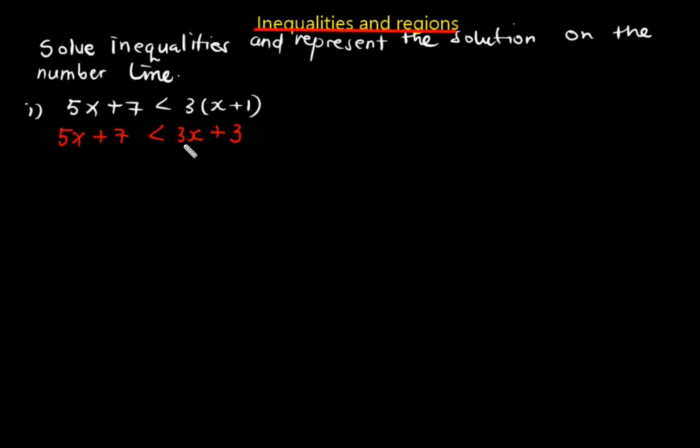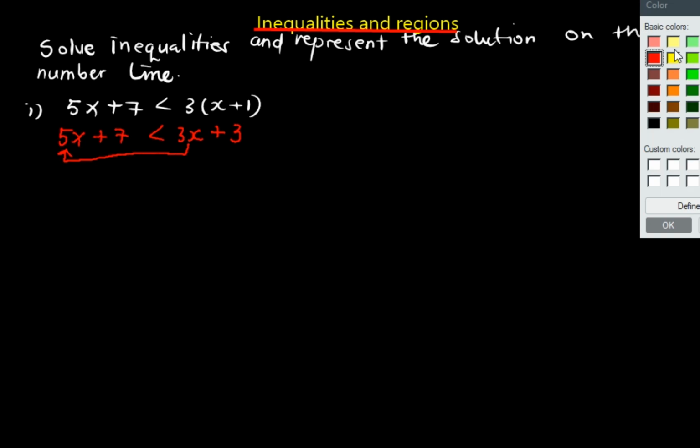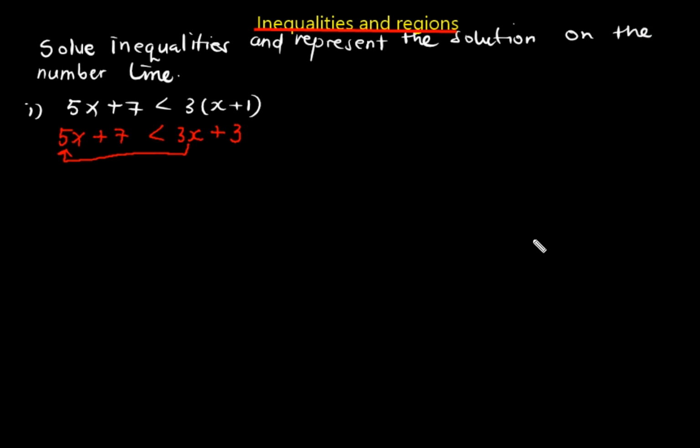I'm going to collect variables on the left hand side and the constants on the right hand side. This is what I mean. 3 is going to be taken to the left and 7 is going to be carried to the right. So I'll have 5x.